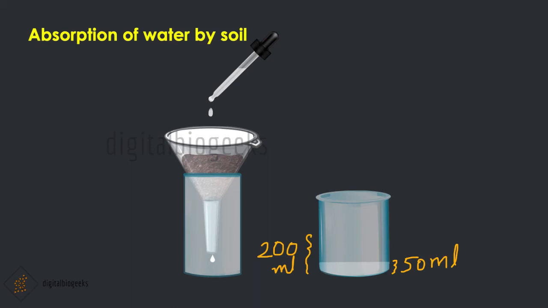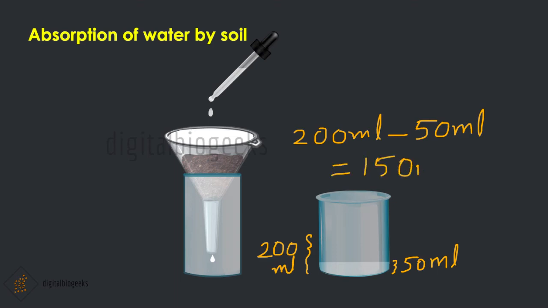That means starting amount is 200 ml. We need to subtract the leftover amount from the starting amount. That means 200 ml minus 50 ml. That means 150 ml. Hence, the soil has absorbed 150 ml of water.